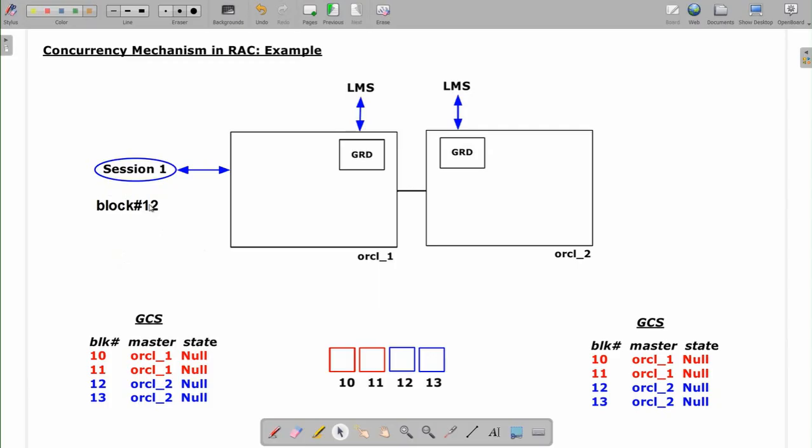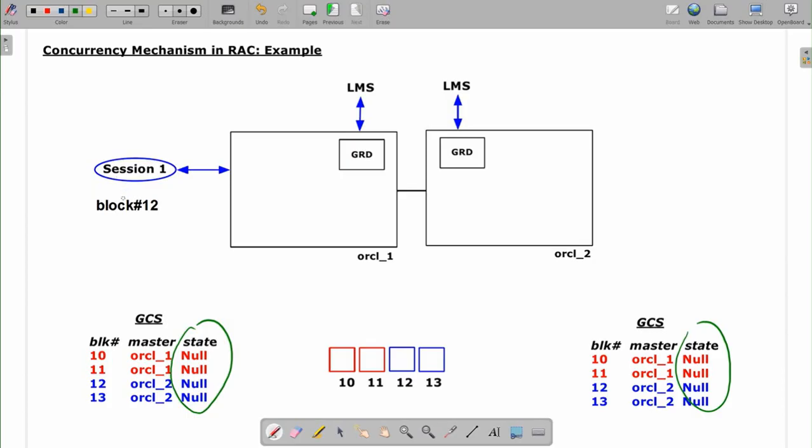Now, at this point, the buffer state is null, meaning that blocks are not in memory yet. There is nothing going on here. So session 1 requested block number 12.